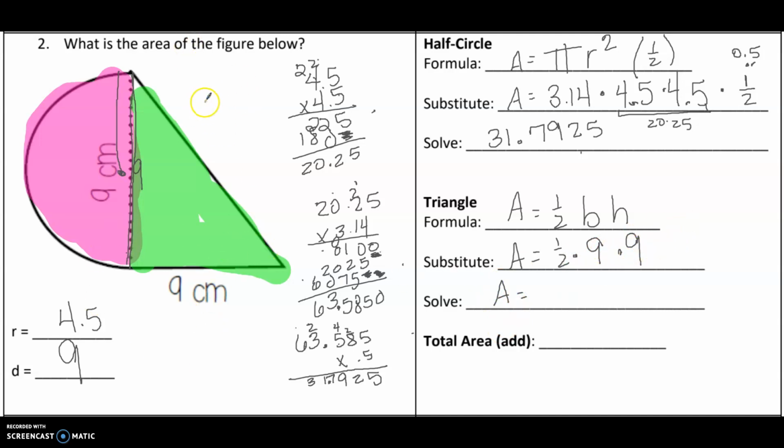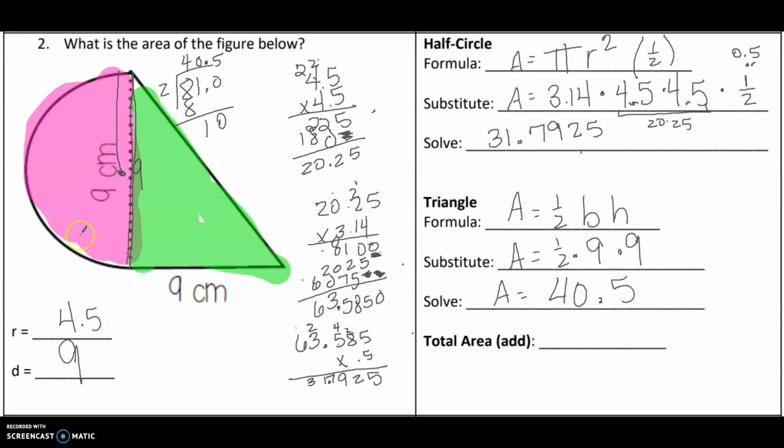So we need to take half of 81. It's going to be a decimal. 4 times 2 is 8. Bring down the 1. That's a 0. Bring that down, and that's a 5. So the area of that triangle is 40.5. That is not our final answer.